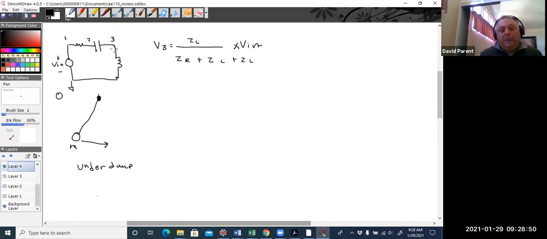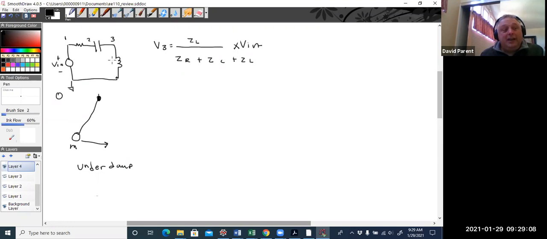And now, this is a filter that's used in some cases, because you can get a certain kind of response without a lot of extra circuitry.